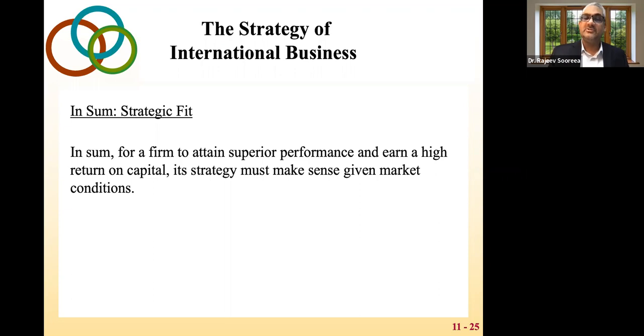It also needs to fit with common sense, business sense, and market conditions. If you can fit all these pieces together, then you can attain superior performance and earn high profits and high return on the capital you have invested. So what is the right fit for this organization? What is the best strategy that works for your organization?